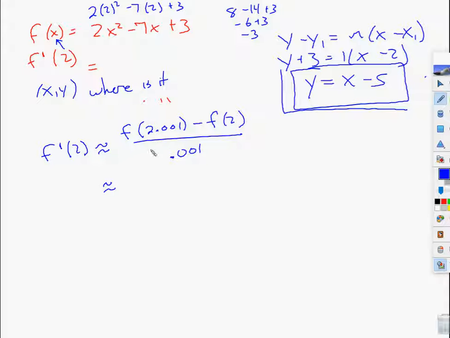And so if we do this, if I put in 2.001, this is just calculator work. So I put 2 times 2.001 squared minus 7 times 2.001 plus 3, calculator work, and the calculator spits out a number.